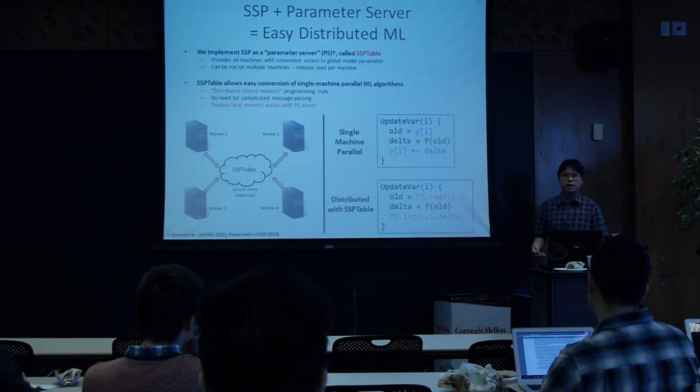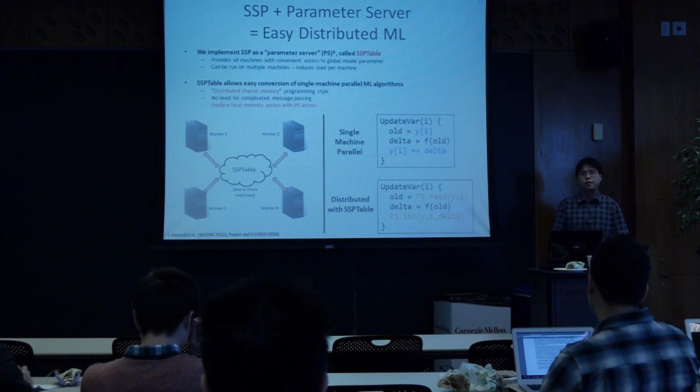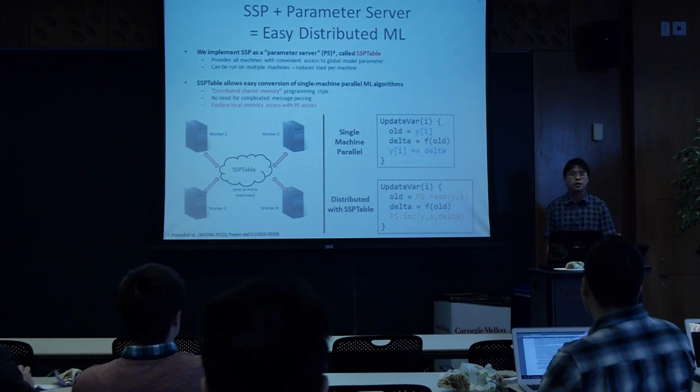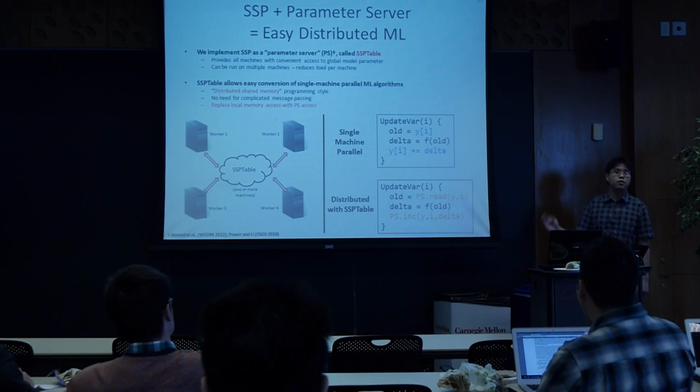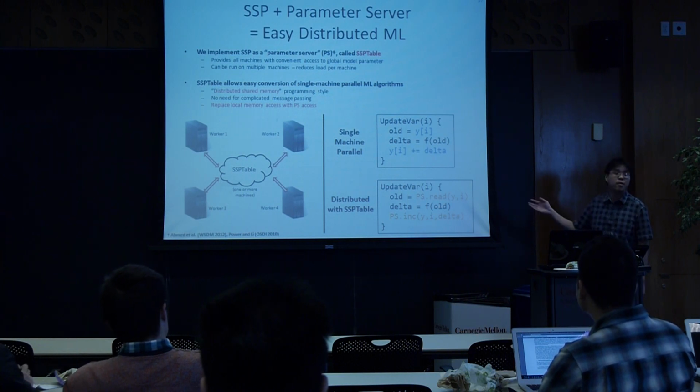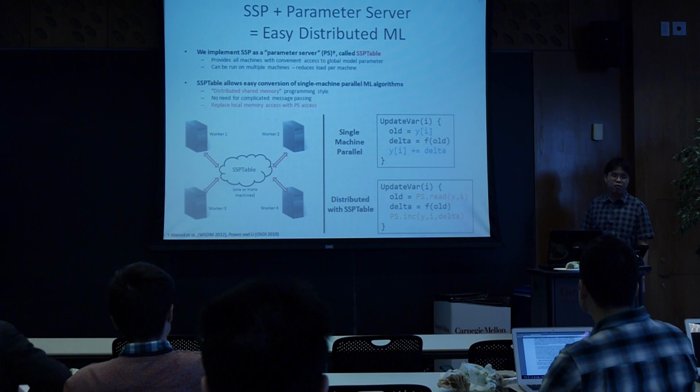So for those of you that are used to programming with MPI, you can see that it's a little different. In MPI, you would normally have to explicitly send or receive a message. In fact, you have to send on one machine and receive on another machine. The point of these parameter server key value store abstractions is to reduce programmer effort by basically saying if you can write a single machine parallel program, you can write a distributed version as well.